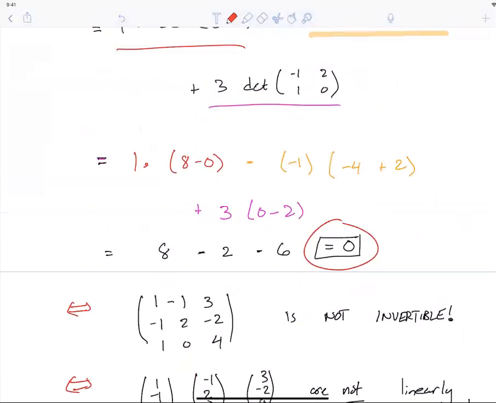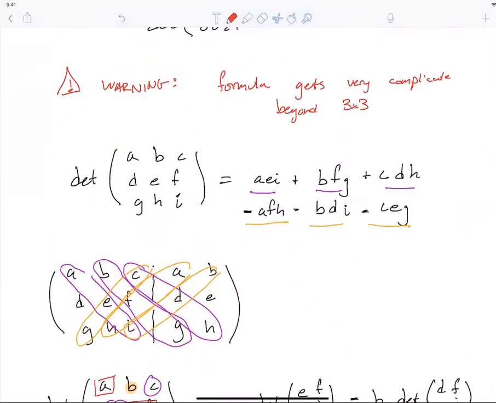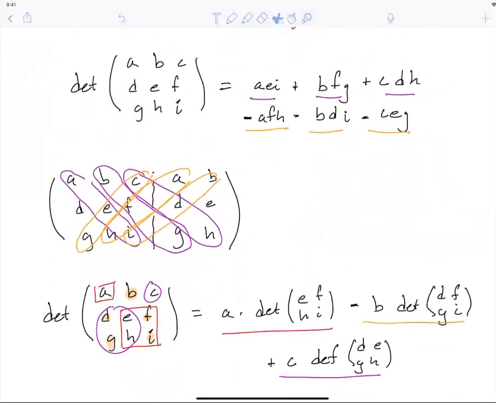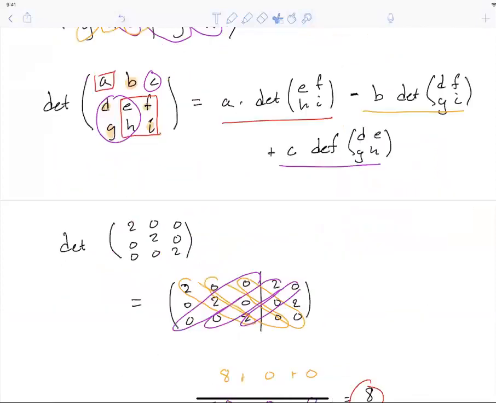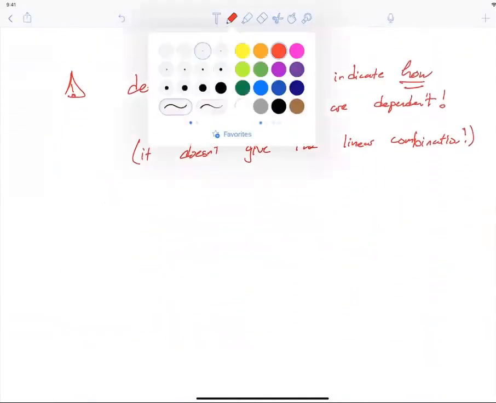Another word of warning is that this formula, the first formula we had, is probably easier for 3x3s, but it does not generalize. So the other warning is don't get too comfortable with this formula.